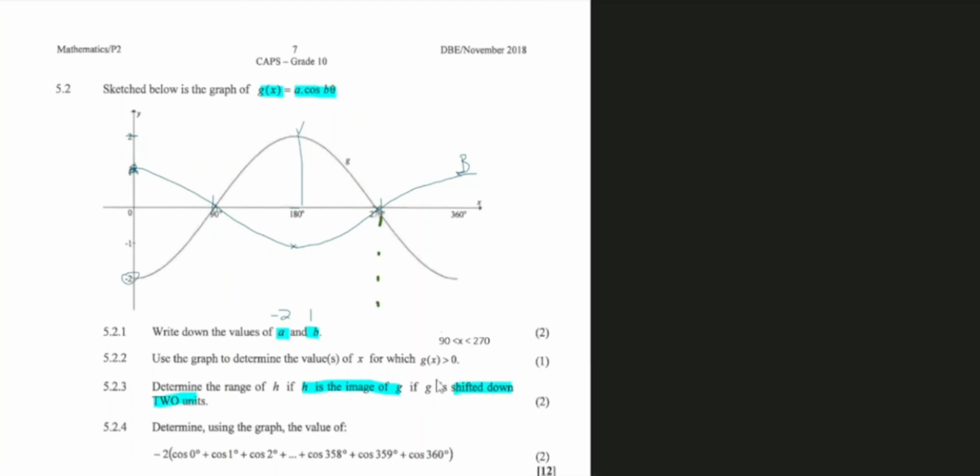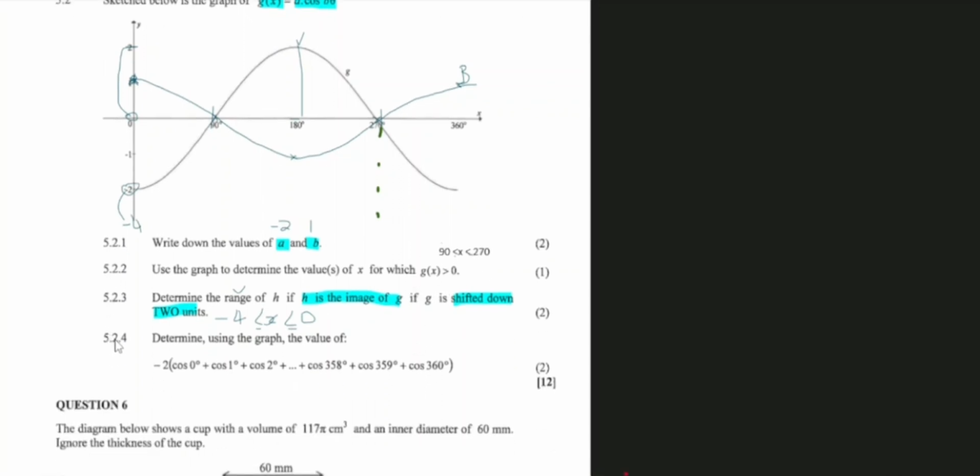Basically you have to say if this graph was shifted down by 2 units, your height will move from -2 to 0, and then this will also move from -2 to -4, meaning your new range, which is y values, will be -4, the whole inequality shebang, equal to or greater than 0.